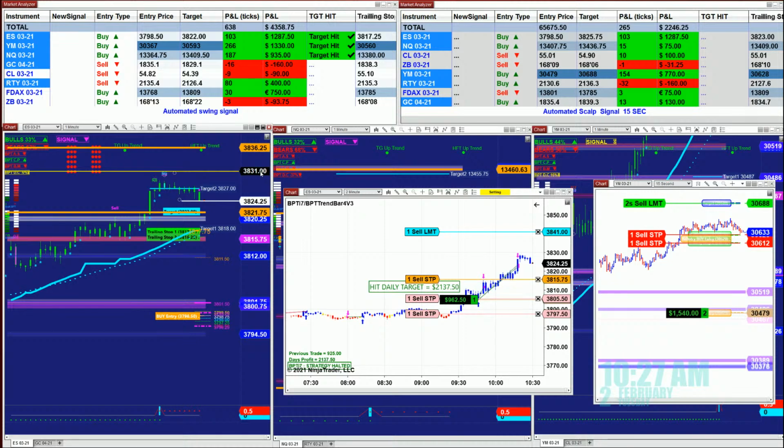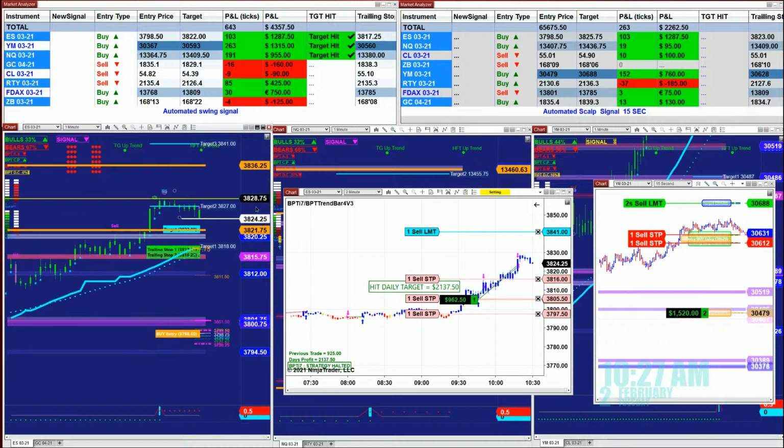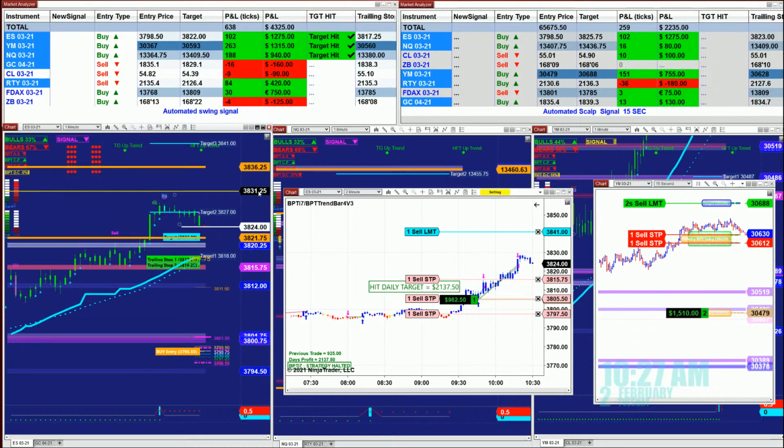You know, once you start getting into the rhythm, it's like you're watching a James Bond movie or something, because now you are interested to see what is going to happen next. And this is a very interesting day, how the ES is moving.